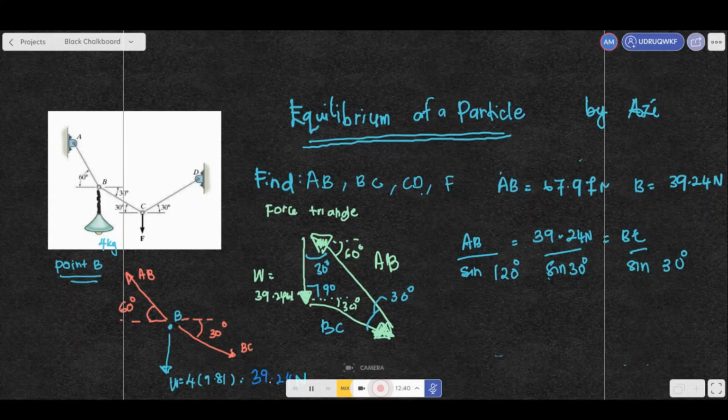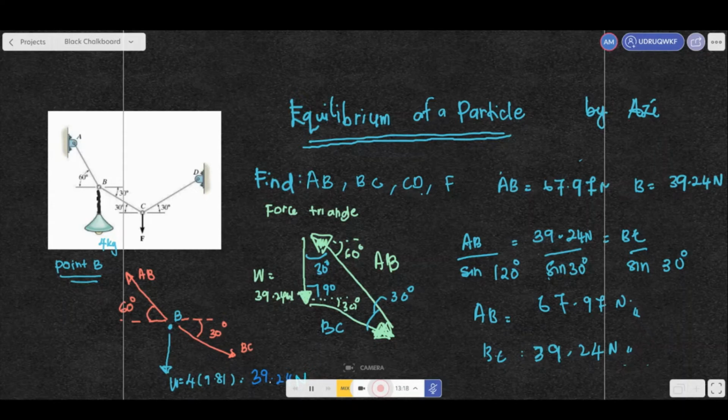So when you solve it, you will get that AB is 67.97 Newton, and for BC you will get 39.24 Newton. You get the same answer.